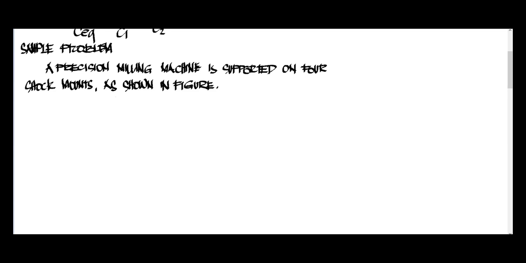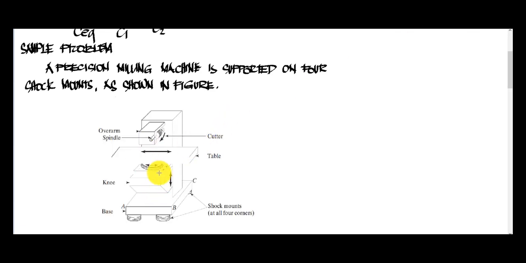Now, sample problem. A precision milling machine is supported on 4 shock mounts as shown in the figure. This is the milling machine. You have your overarm spindle, then you have your cutter here, then this is the table, which moves in this direction back and forth.